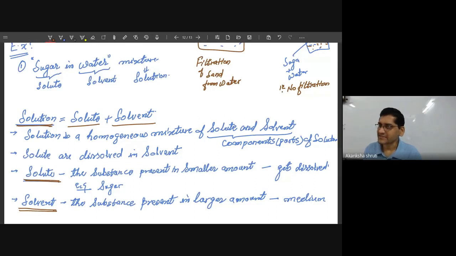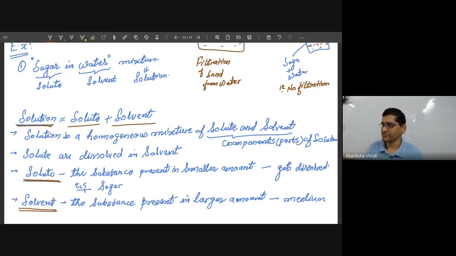Now, what are the various types of solution? Here I had just taken one, sugar in water, but considering the various solutes and solvents, solutions are classified into various types. It may be solid, liquid or gas. The type of solution depends on what is present in larger amount, that is, the type of solvent.